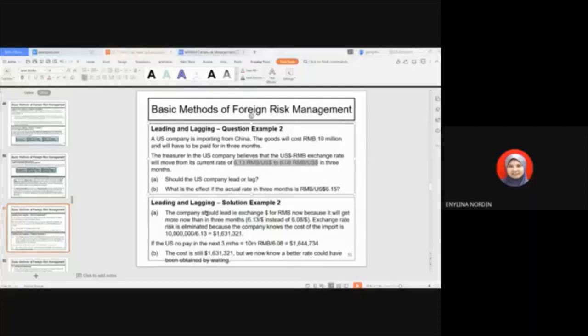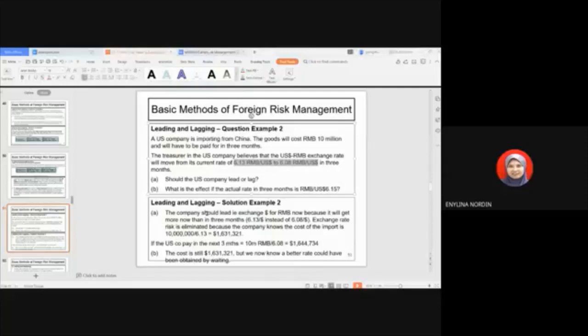So how to minimize this risk? The US company will adopt a leading strategy, because it will be better off. That means the US company will pay as soon as possible and will pay at the current spot rate, which is 6.13 RMB per dollar, instead of waiting until the next 3 months to make payment.